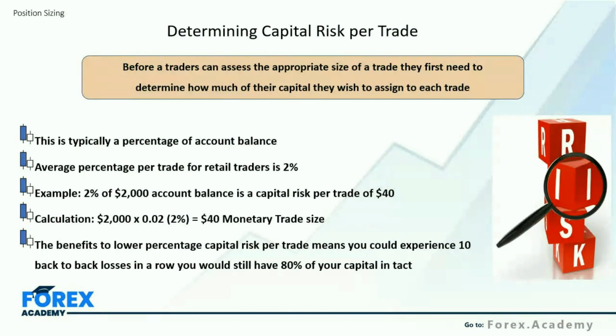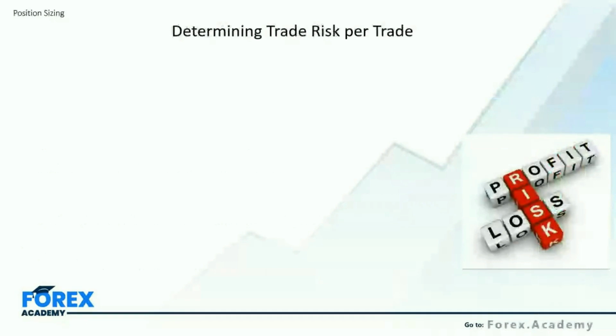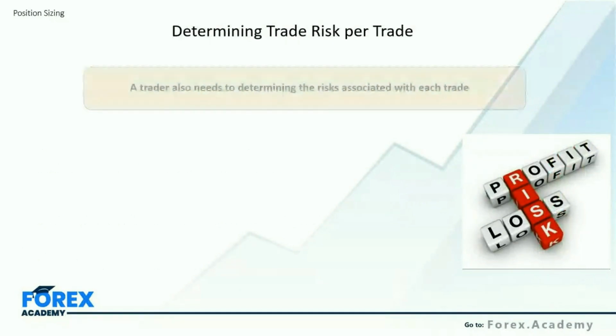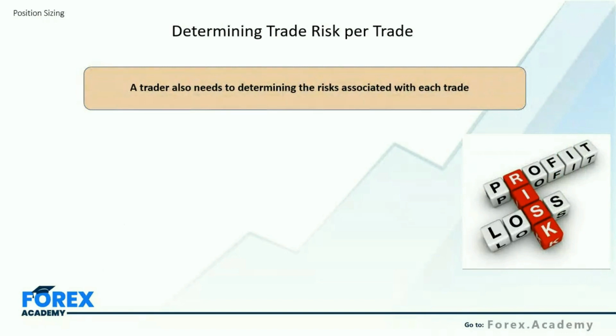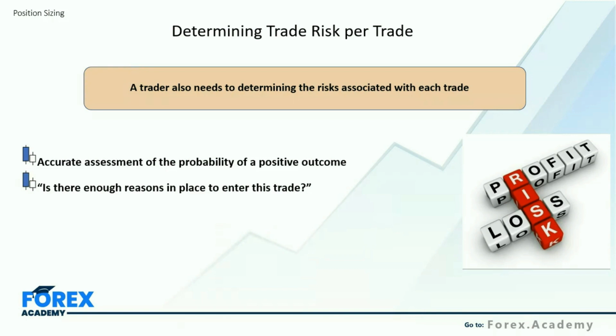Okay, so in addition to determining capital risk per trade, we also need to determine trade risk per trade. So there are slight variations. A trader also needs to determine the risks associated with each individual trade. What we mean by this is an accurate assessment of the probability of a positive outcome. This is where your trading strategy comes into play in terms of what trade you're looking to identify.